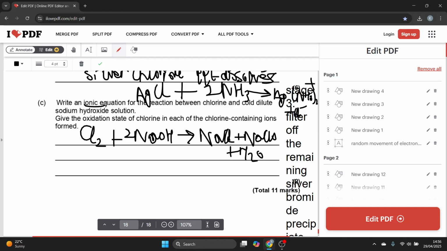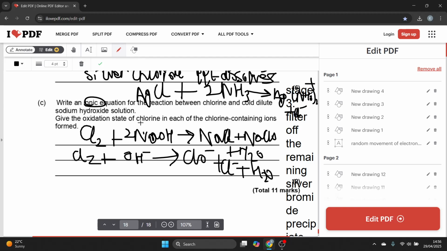But it says ionic equation, and that's really important. So instead of that, it's going to be Cl2 plus OH minus forming ClO minus plus Cl minus plus H2O.